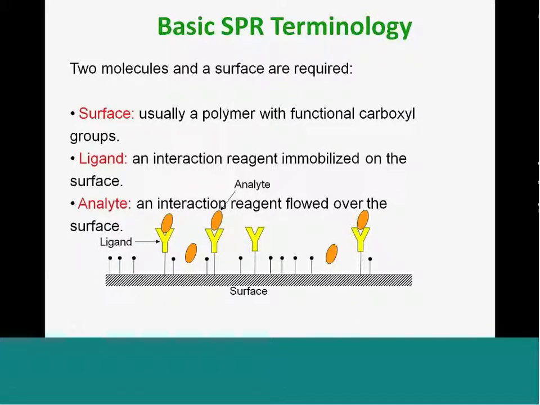So typically you'd have two molecules. One molecule would be the ligand. The ligand would be immobilized on the surface of the chip, and then we'd have the analyte, which would be flowed over, injected, and then captured perhaps by binding to the ligand, which is immobilized on the surface.